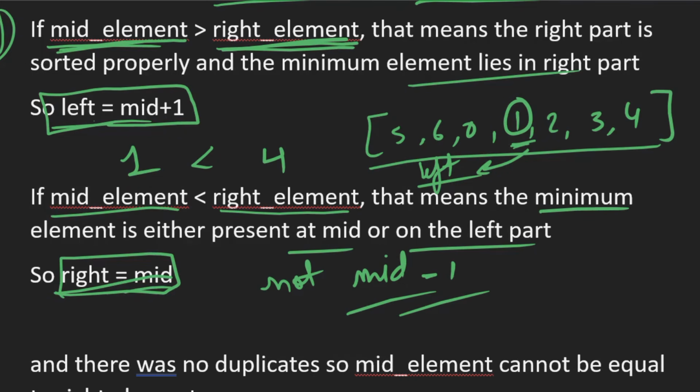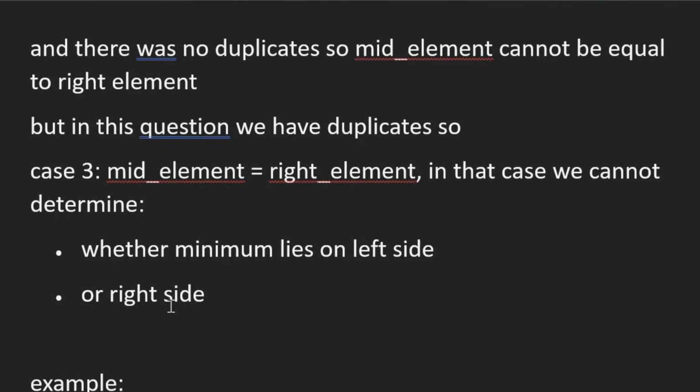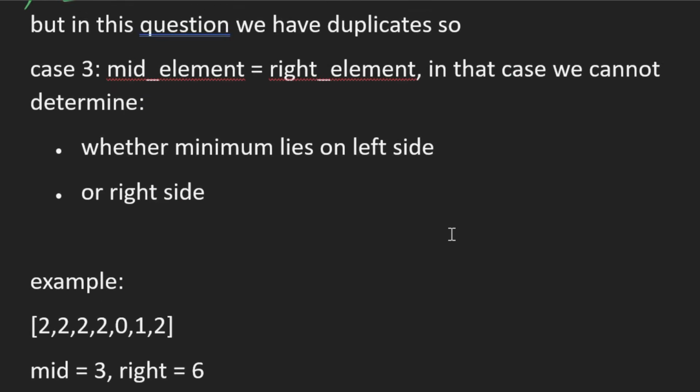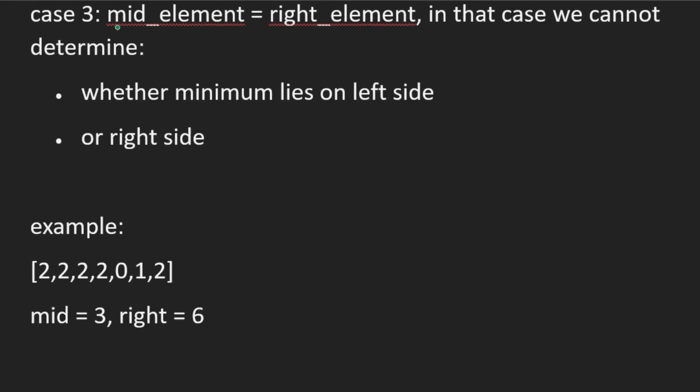But yesterday there were no duplicates in the question, so the mid element could not be equal to the right element in yesterday's problem. But in today's problem we have duplicates also. So this condition, that the mid element can be equal to the right element, can also exist today.